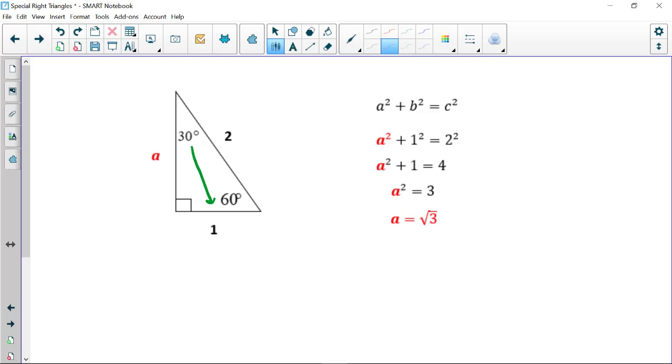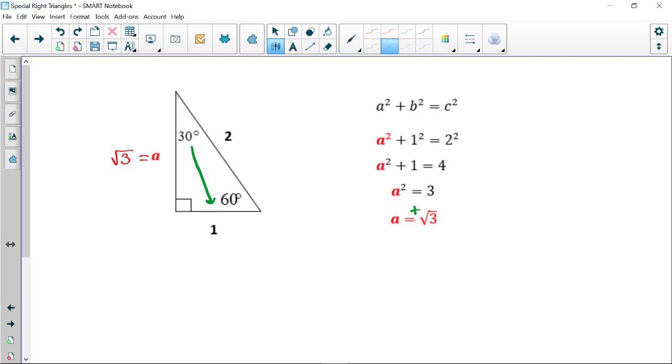So A squared plus 1 squared is 2 squared. When I solve that for A, I isolate A squared and then I apply the square root property. Remember that we are choosing the positive root. There are actually two numbers that you square to get 3, but we're choosing the positive root because it is the length of a side. So this is telling me that A is square root of 3.